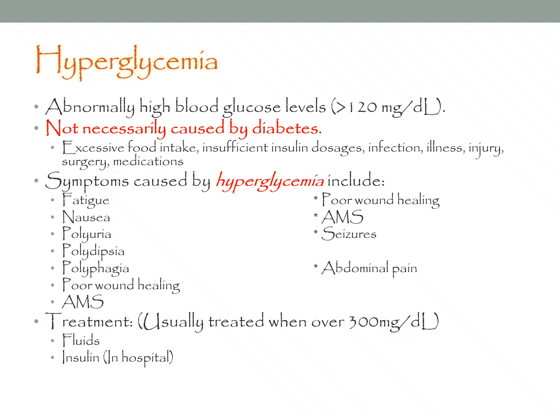Our treatment for hyperglycemia by itself, just a hyperglycemic patient with blood sugar over 300, is simply fluids, and in hospital, they will receive insulin. So let's talk about that a little further in a couple different hyperglycemic conditions.